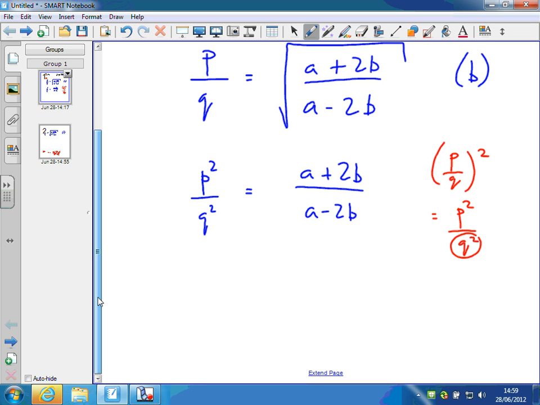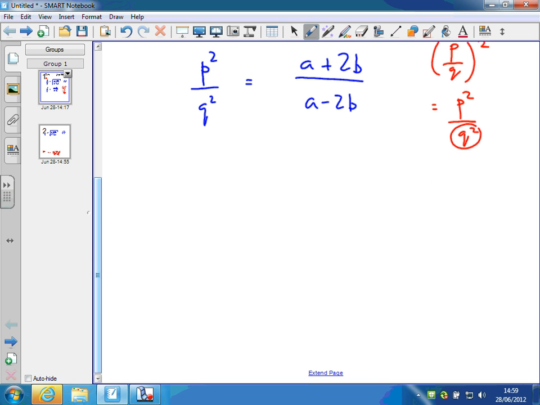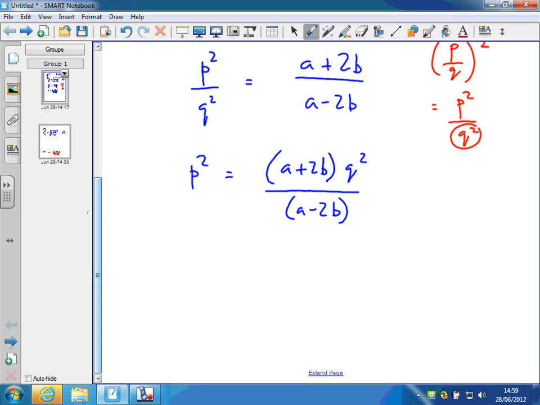So multiplying both sides by Q squared, I get P squared equals A plus 2B times Q squared all over A minus 2B. Now multiplying both sides by A minus 2B, I get P squared times (A minus 2B) equals Q squared times (A plus 2B).